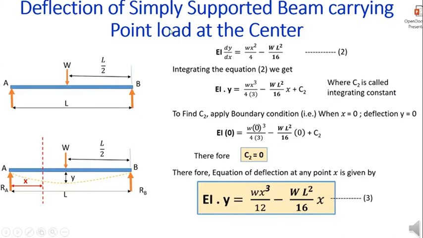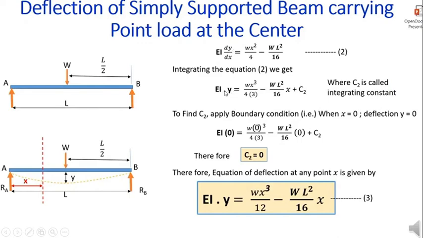Next, again, EI dy by dx equal to Wx square by 4 minus WL square divided by 16, equation number 2. So integrating equation 2, what will we get? EI dy by dx is a slope equation, integrated, that is the deflection.